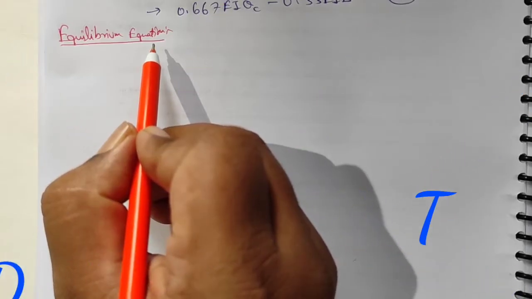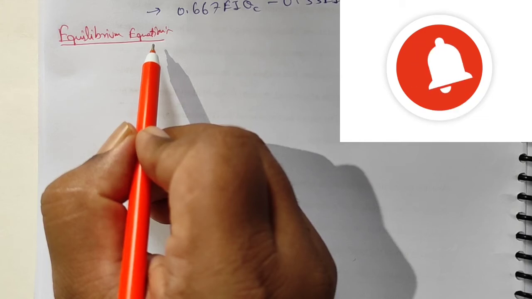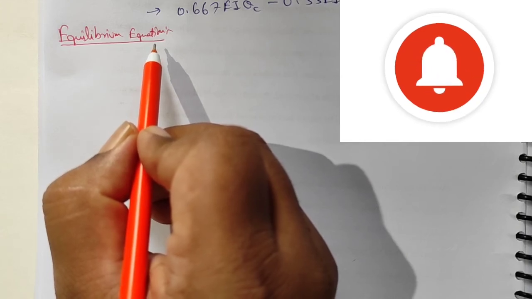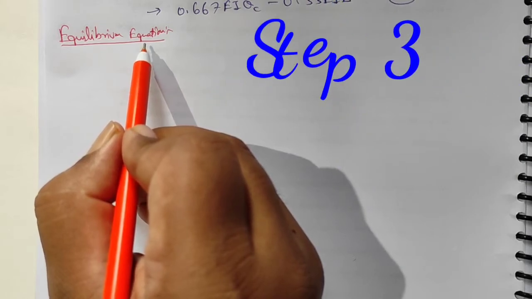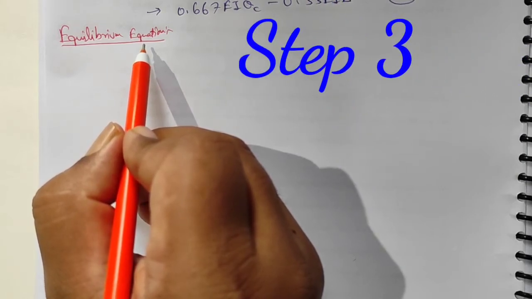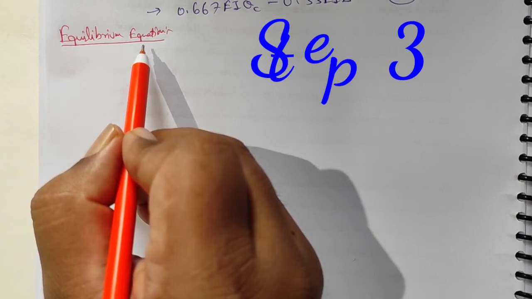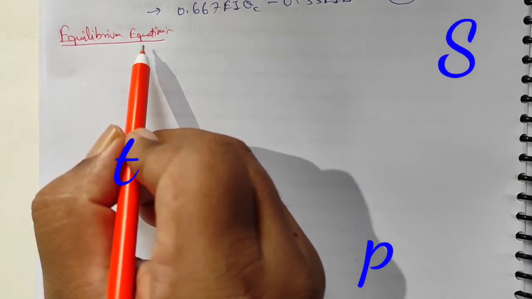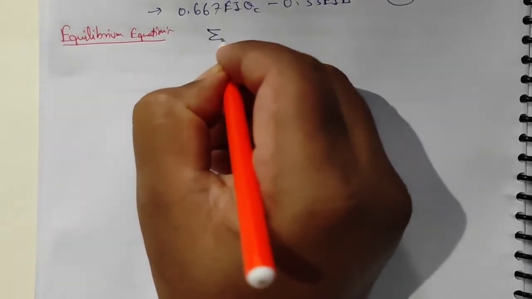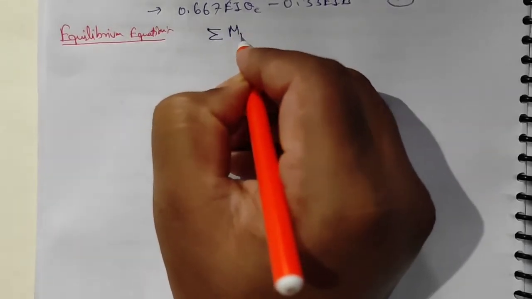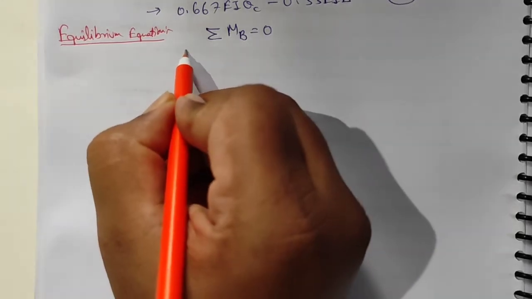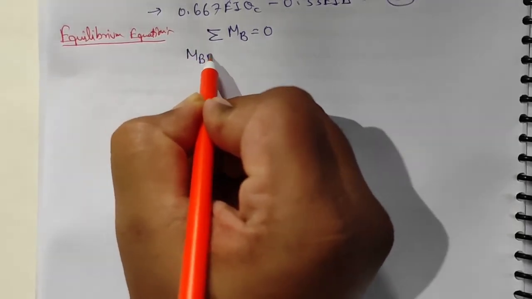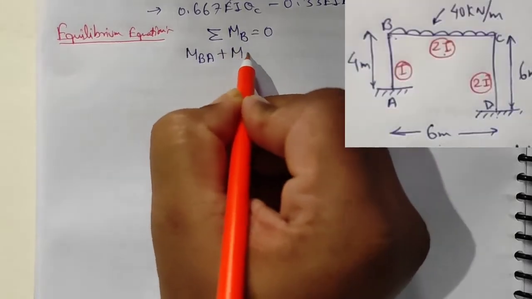Now in order to find out the unknown values of EI, theta B and theta C, we will solve our next step, that is the equilibrium equation, that is equating the moments at a particular joint where more than two moments are acting and equating them to 0. So first we'll take the joint B and here the total moment will be equal to 0, as we know that the moments acting are MBA and MBC.